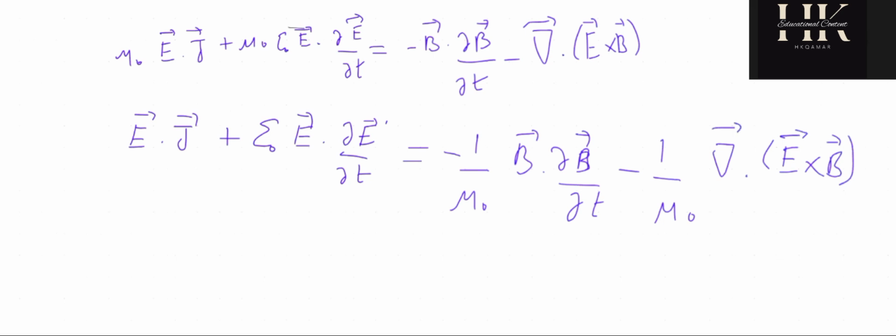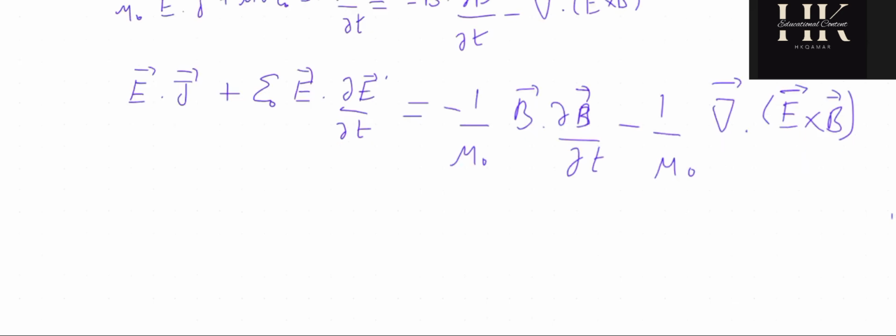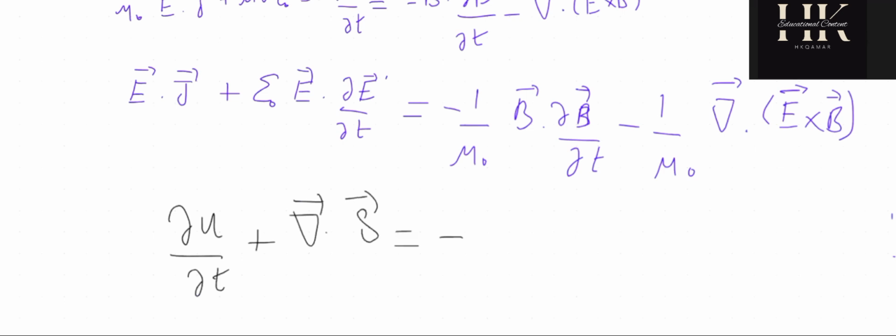Now let's recall the very first equation that we wanted to derive. The equation that represents the Poynting theorem is given by curly U by curly T plus del dot S is equal to minus E dot J. Here we have E dot J, and this term 1 by mu naught into E cross B represents the Poynting vector S. But we have not derived the value of U yet.